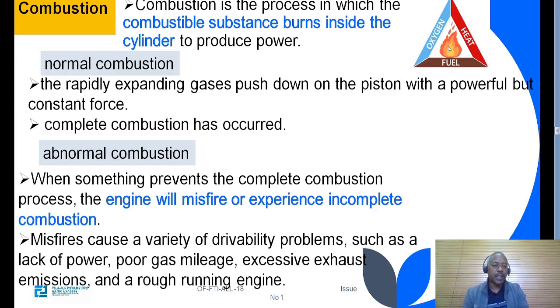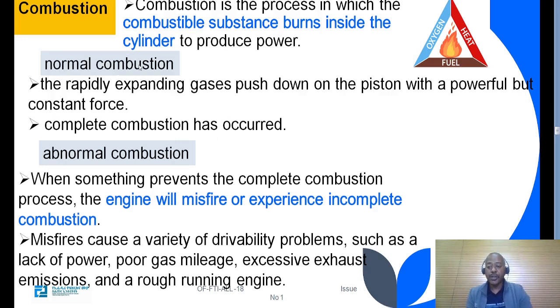And to generate the combustion process, we need heat or spark. So in normal combustion, the rapidly expanding gas pushes down on the piston with a powerful but constant force, and complete combustion has occurred if the combustion process is normal.